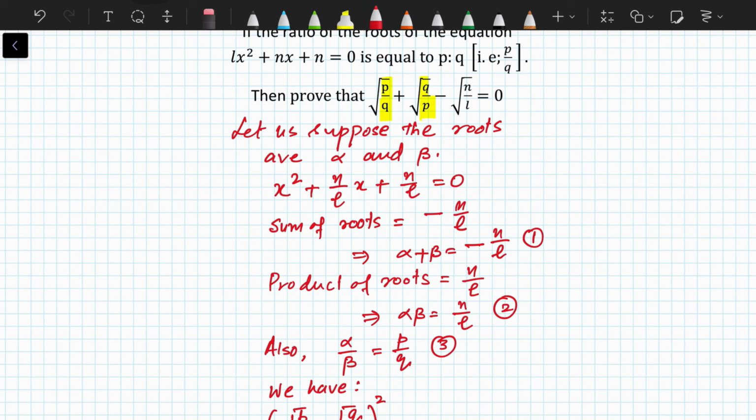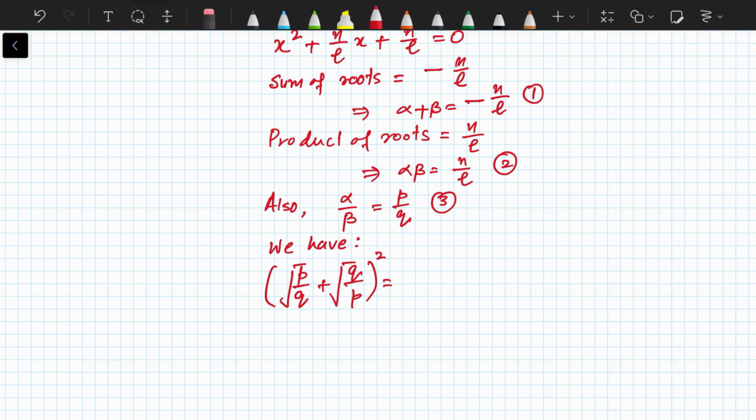Then what's going to happen? I will write p over q whole square and plus q over p whole square, and we have square root of both of these terms, and plus double of square root of p over q into square root of q over p.